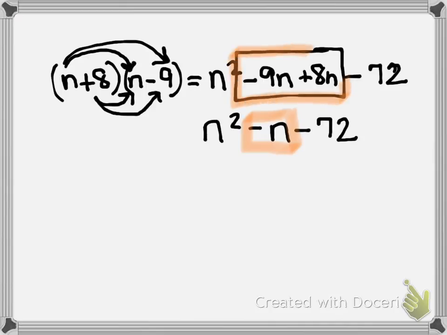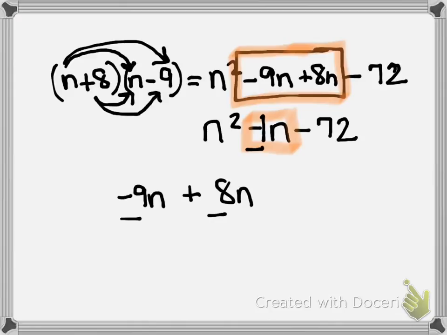And where it came from were those two middle terms. And the coefficient is really a negative 1, because our coefficients when we started were a negative 9n and an 8n in the middle. And we combined negative 9 and 8 to get negative 1.